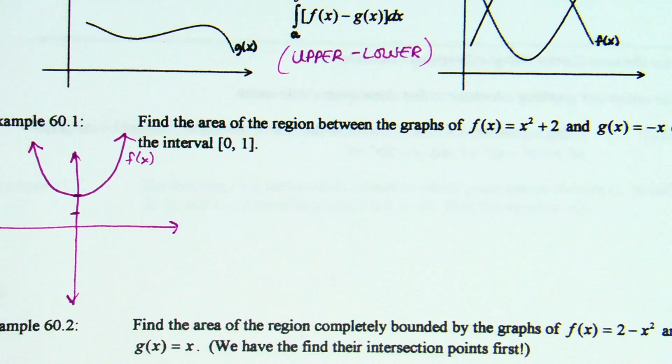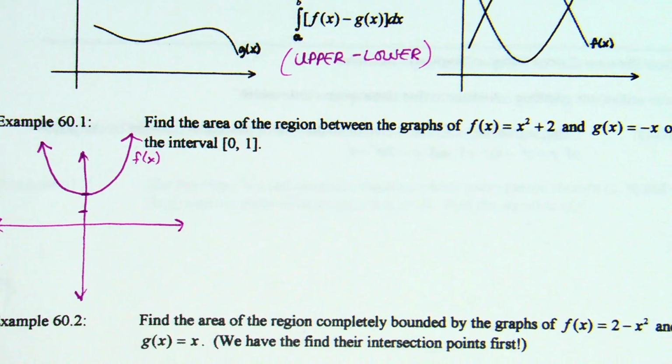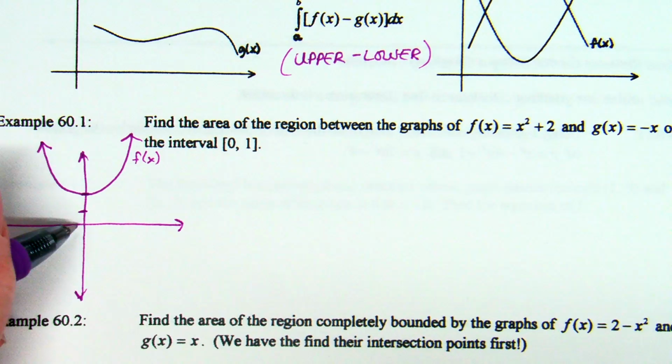So what does negative x look like? Yeah. It's the line that goes through 0, 0, 1, 1, 2, 2, except it's negative. So it's the backwards line. It has that negative slope going through negative 1, 1, negative 2, 2, or 1, negative 1, 2, negative 2.